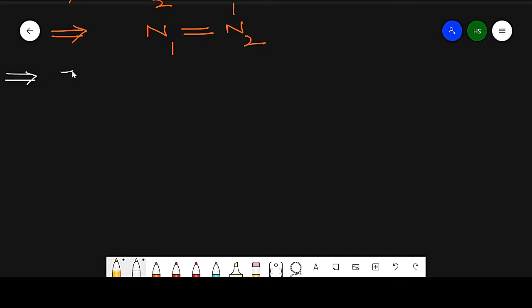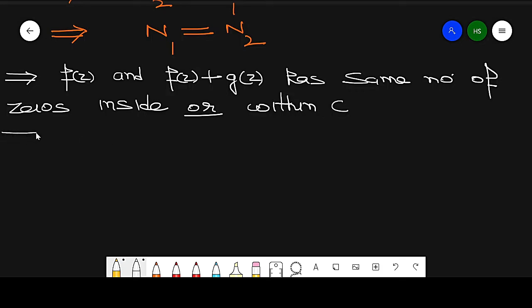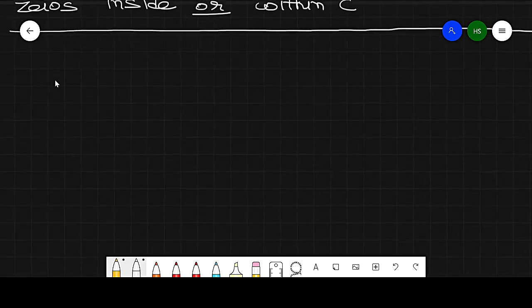So it implies function f(z) and f(z) plus g(z) have the same number of zeros within C. So this is a proof of Rouche's theorem, provided these functions do not have any zero on C. If they have zeros, they are inside C, and f(z) and f(z) plus g(z) have the same zeros inside the C.